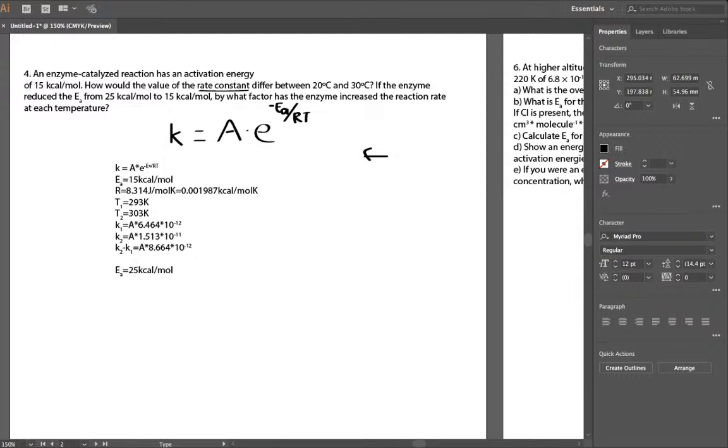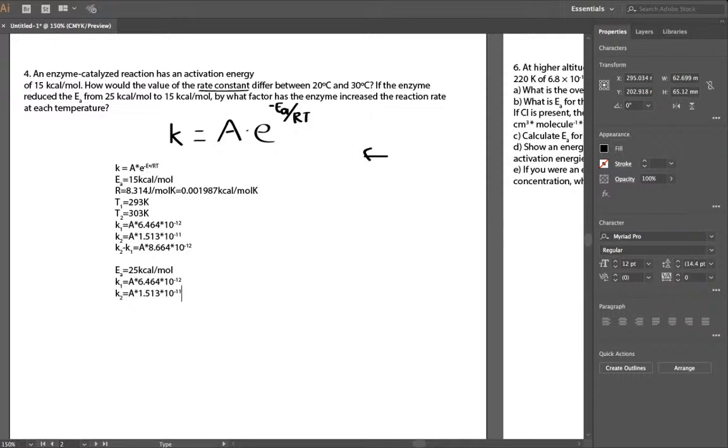The question is what would K1 and K2 be? It should be pretty similar. So let me copy that first. Same calculation, but instead we will be using the 25. Let me remove those first and subtract them by 25.